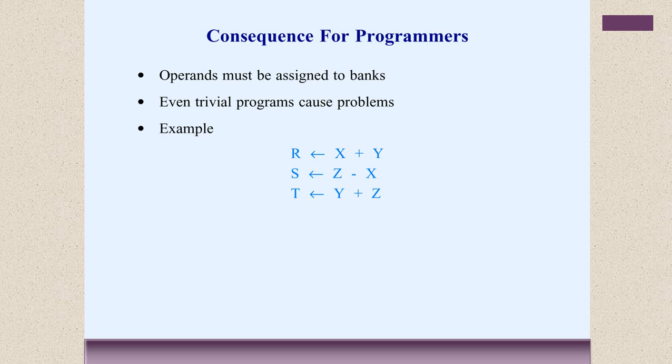So what that means is the value of z minus x, for example, is dependent on x being available, and the value for y plus z is dependent on z being available.